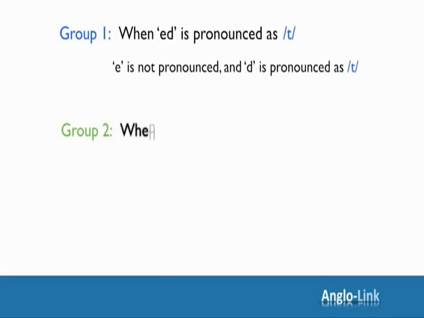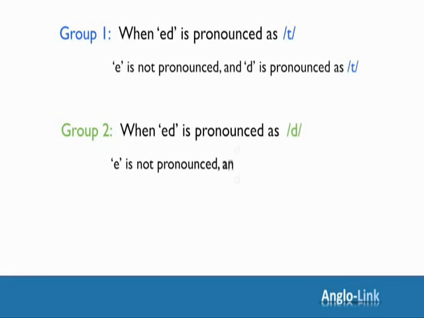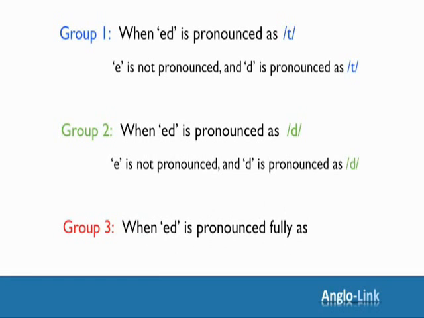In group 2, the ed is pronounced as d. So once again, the e is not pronounced and the letter d is pronounced as d. And finally, in group 3, the ed is pronounced fully as id.